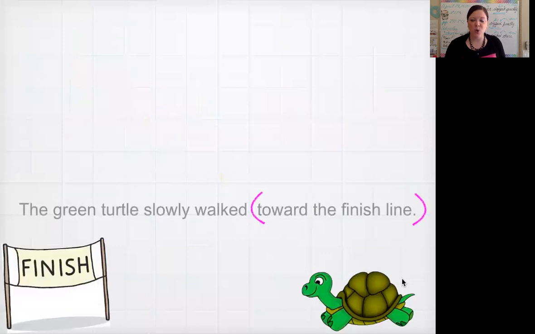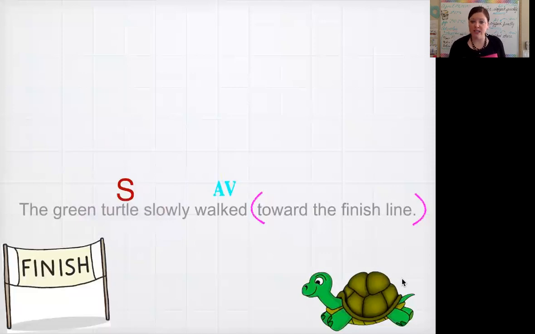Okay, we have toward the finish line. That is our prepositional phrase. Remember, it's a good idea to find those first because you cannot have subjects or verbs inside of prepositional phrases. Never, never. So we have our verb, we have our subject. Turtle is what this sentence is about. What is that turtle doing?